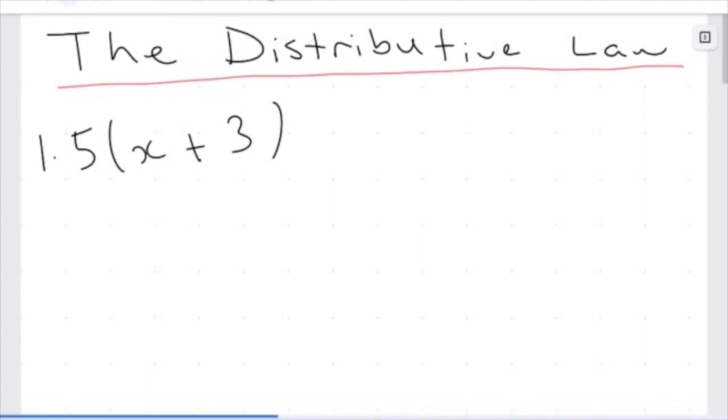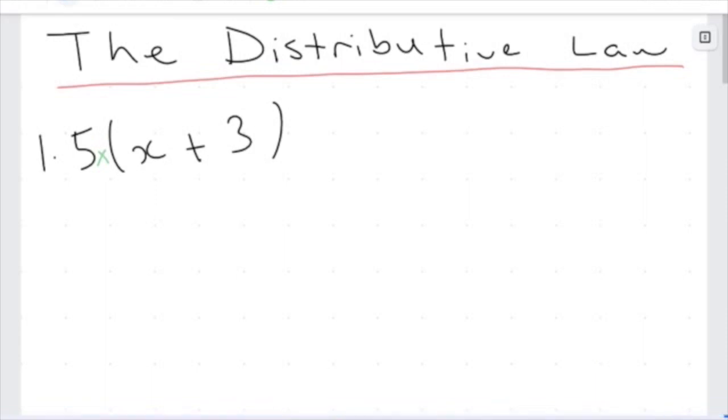So this is like we're taking 5 lots of this bracket. Some of you may remember back in primary school, when you're first getting introduced to multiplication, you thought of this as lots of. So if you did 2 times 4, for example, you'd say, I have 2 lots of 4.